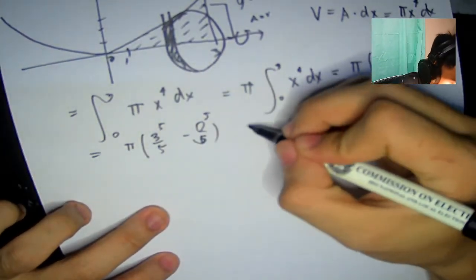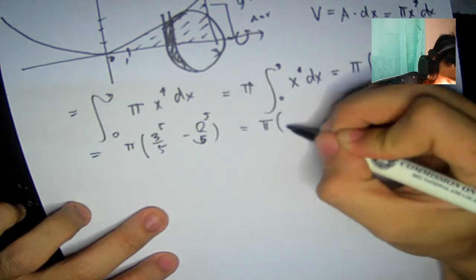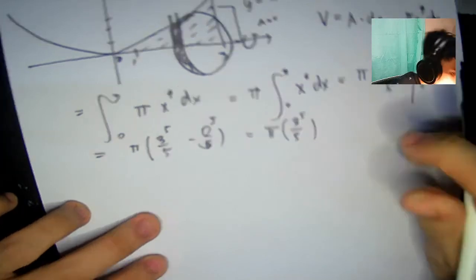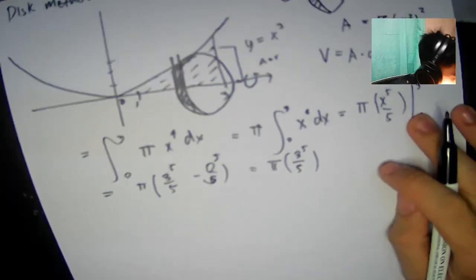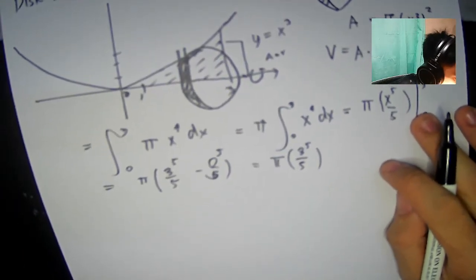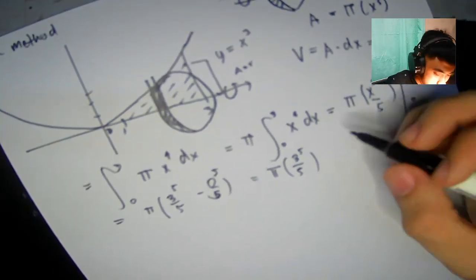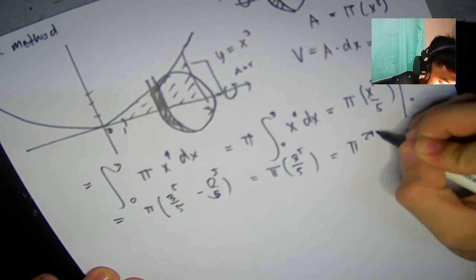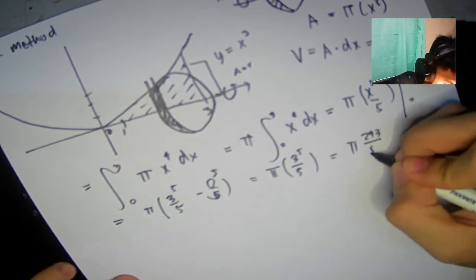So pi times 3 to the fifth power over 5. Calculate 3 to the fifth: 243. So your answer is pi times 243 over 5.